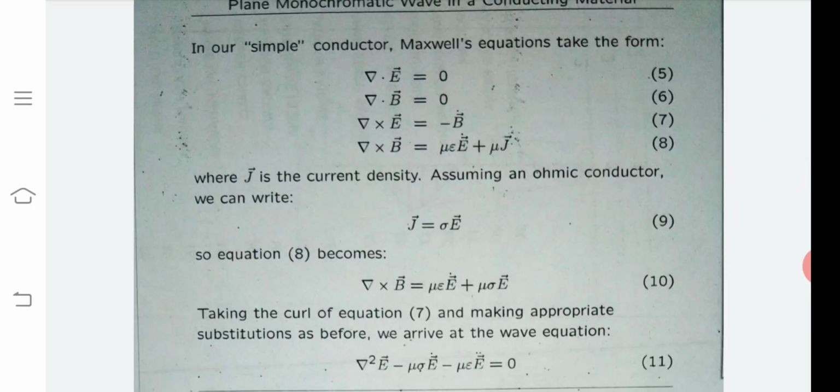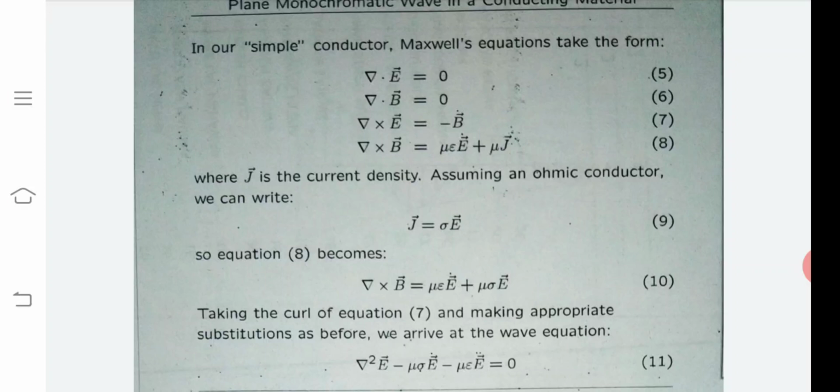Now the Maxwell equations for conductors. We know that del dot E equals 0, del dot B equals 0, del cross E equals minus dB by dt, and del cross B equals mu epsilon dE by dt plus mu J, where J is the current density.